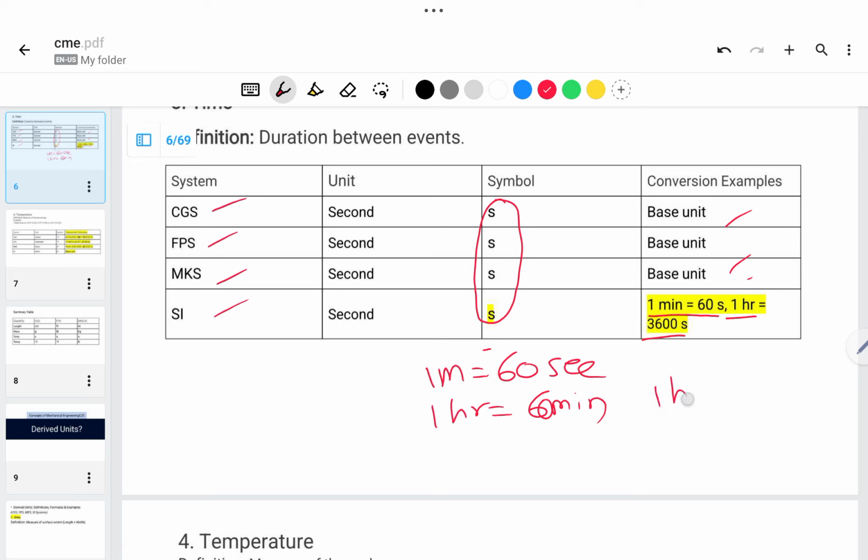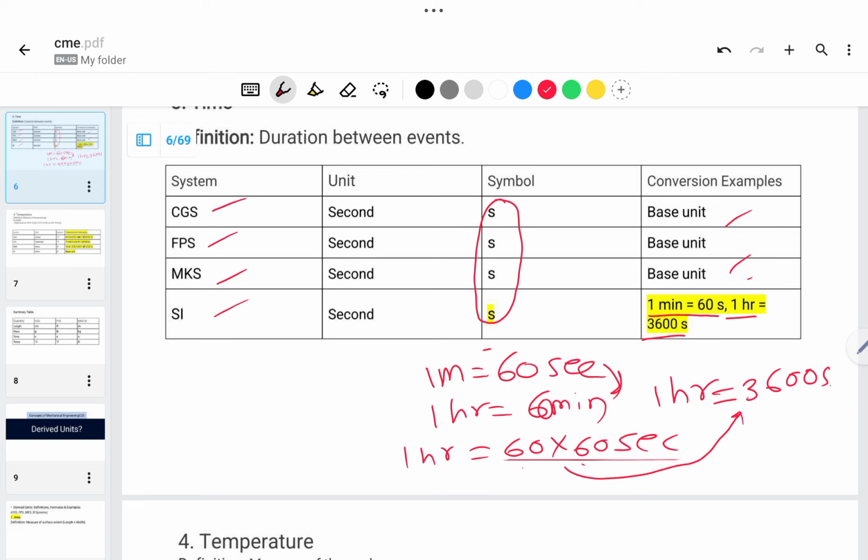In terms of seconds, 1 hour will be 3600 seconds. So 1 hour is equal to 60 into 60 seconds. You have to multiply both minutes and seconds, so it will be 3600 seconds.